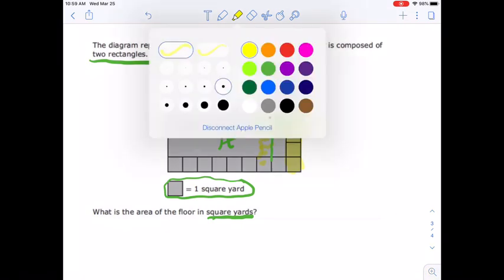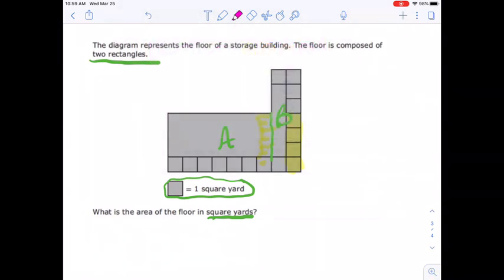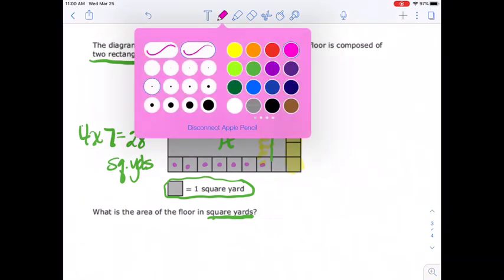And in each row, there are 1, 2, 3, 4, 5, 6, 7 yards. So we have 4 rows and each one is 7 yards. 4 times 7 is 28 square yards.